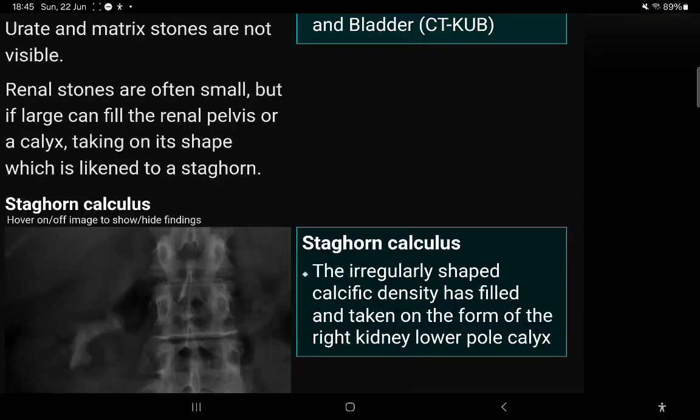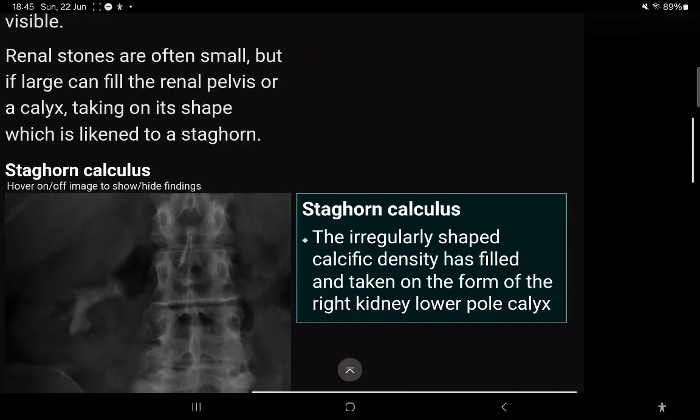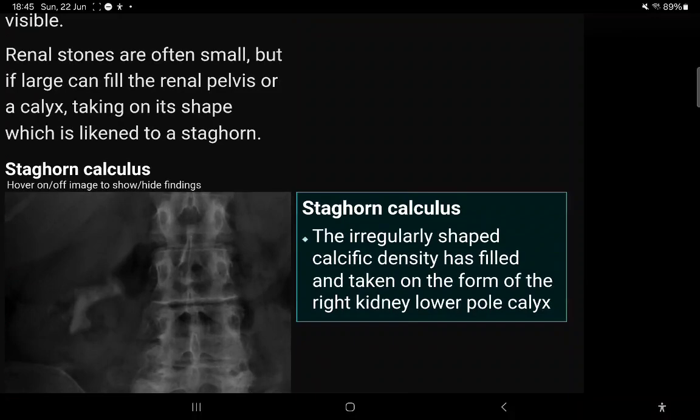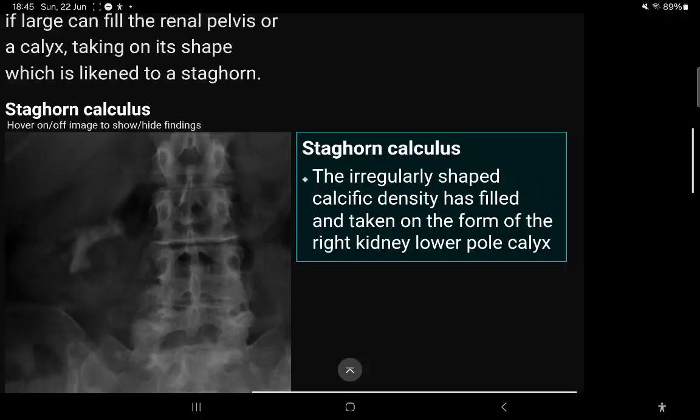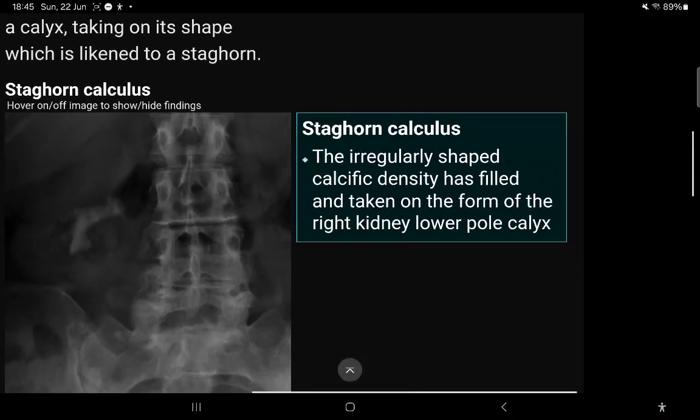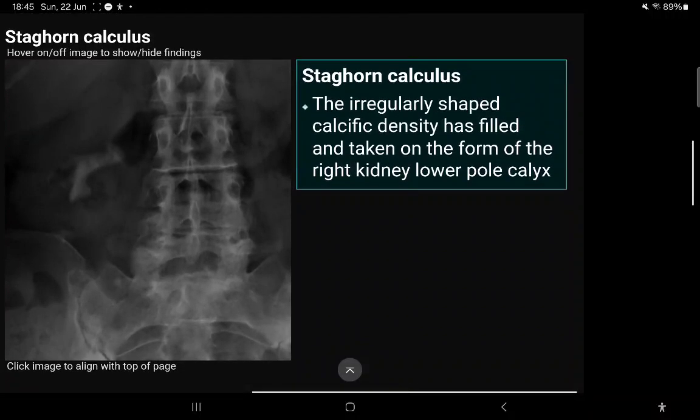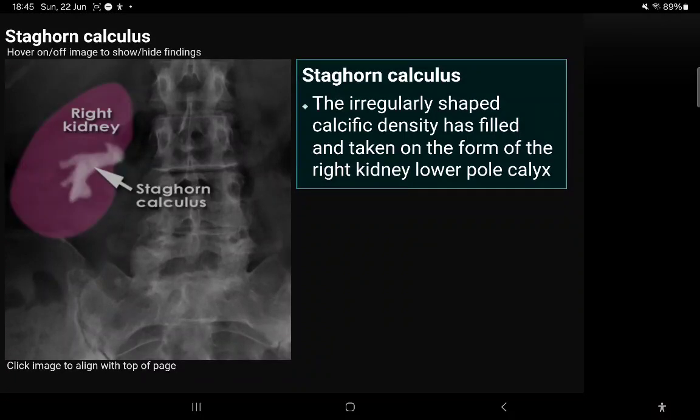Renal stones are often small, but if large, can fill the renal pelvis or a calyx, taking on its shape, which is likened to a staghorn. For example, here we have a single type of renal stones which is called staghorn calculus. In this image, this is the staghorn calculus.